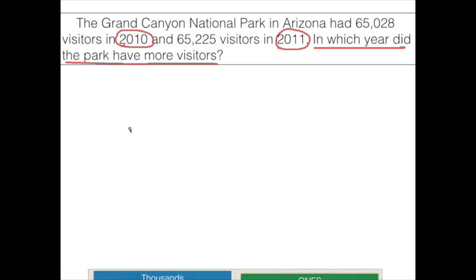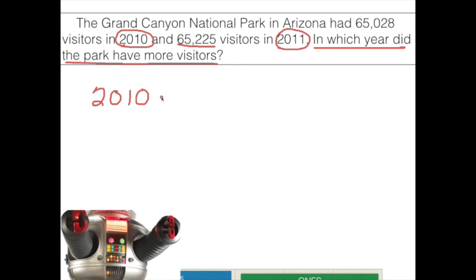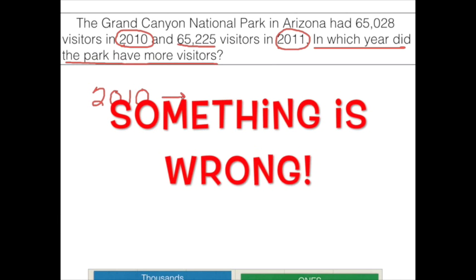So why don't we start by collecting some of our data. 2010. How many visitors in 2010? Well, it says we had 65,000. Danger, Will Robinson. Danger, danger, danger. So we'll write that over here.